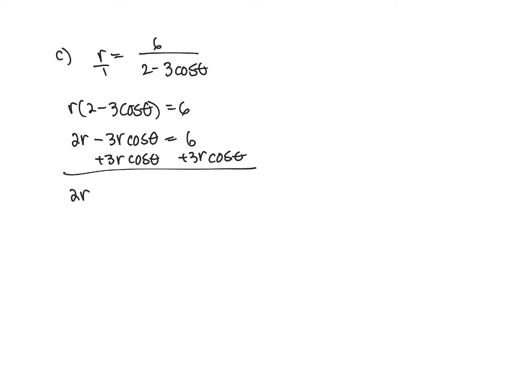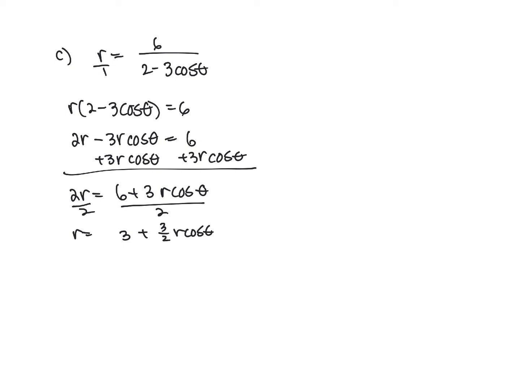So I would have 2r equals 6 plus 3r cosine theta. Now I'm going to go ahead and divide off the 2. And the reason I'm going to do that is because I just want to get it with that r equals. So divide by 2 on each side. I'm going to have r equals 3 plus, because 6 divided by 2 is 3, and then I have 3/2 r cosine theta.